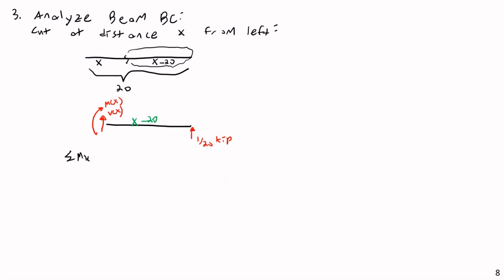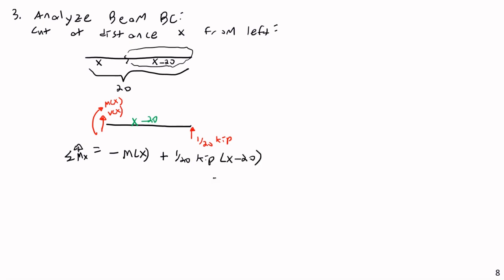Sum of moments about point x, counterclockwise positive. I'm going to have negative m of x, because it is going in the clockwise direction, plus 1/20th of a kip times x minus 20.